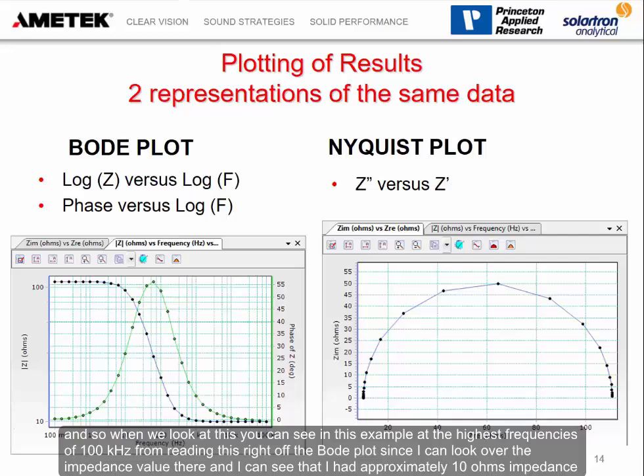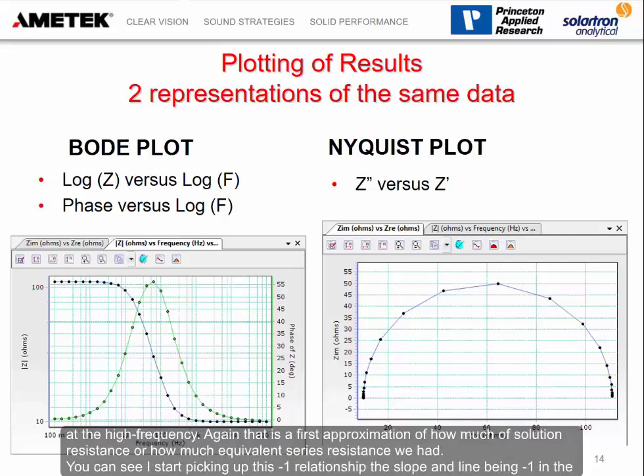When we look at this example, at the highest frequency of 100 kilohertz, I'm reading this right off the Bode plot, I can look over at the impedance value and see approximately 10 ohms of impedance at the high frequency. Again, that is a first approximation of how much solution resistance or equivalent series resistance we had.